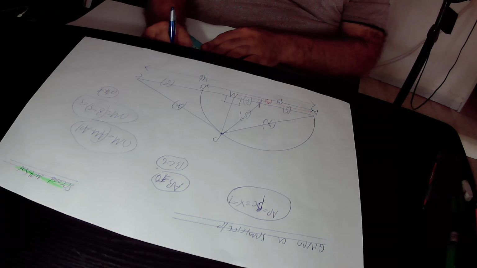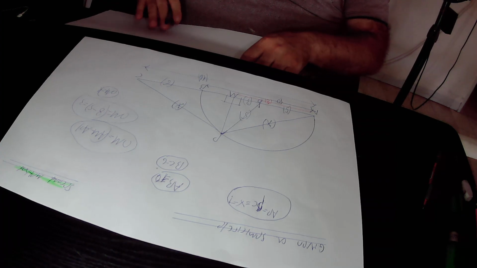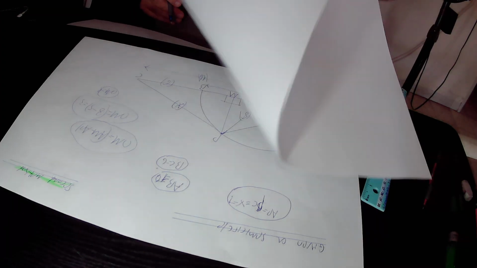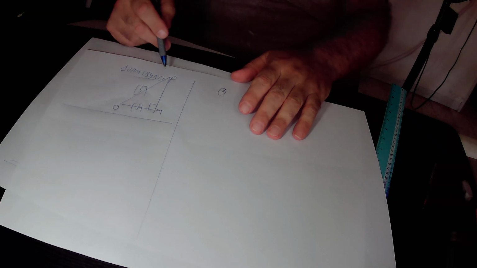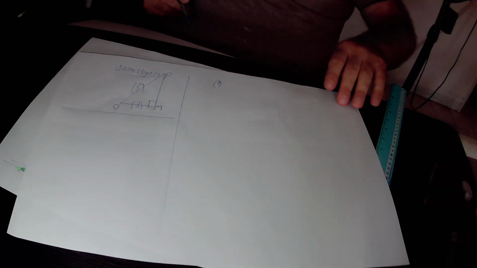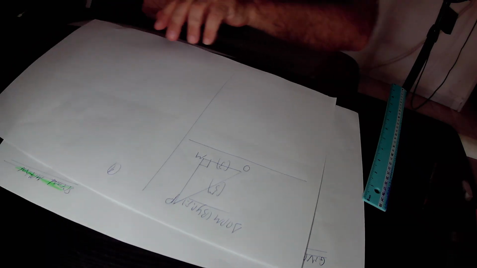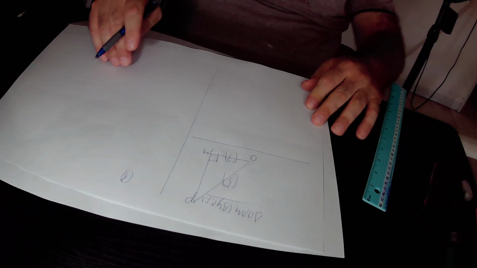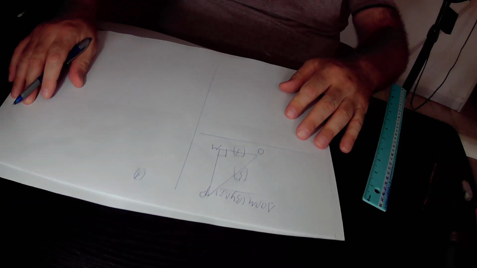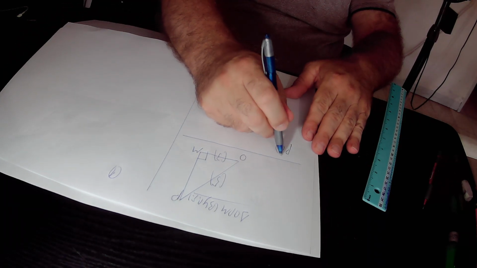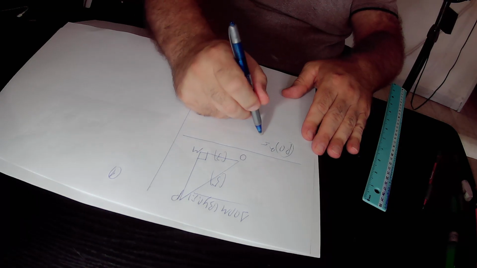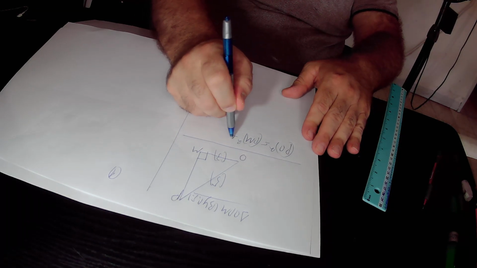Here PT is an abbreviation for Pythagoras theorem. So actually, this is the right small triangle OPM that I copied from the original drawing. According to the Pythagoras theorem, PO squared, that is the square of the hypotenuse, equals PM squared plus OM squared. So write it down.